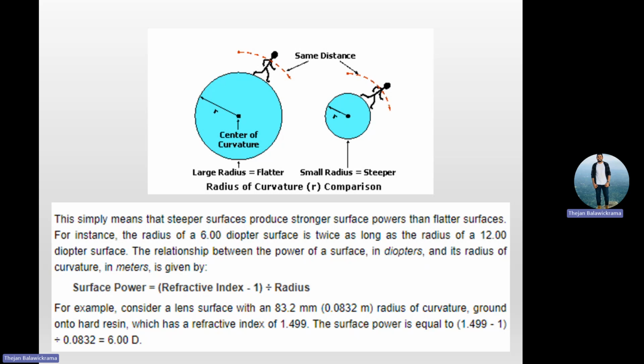So what do a large radius and a small radius mean? Normally, we think about the whole circle. The center of curvature is at the same distance we take. It will take 2 meters, whatever, 1 meter, and the center of curvature.